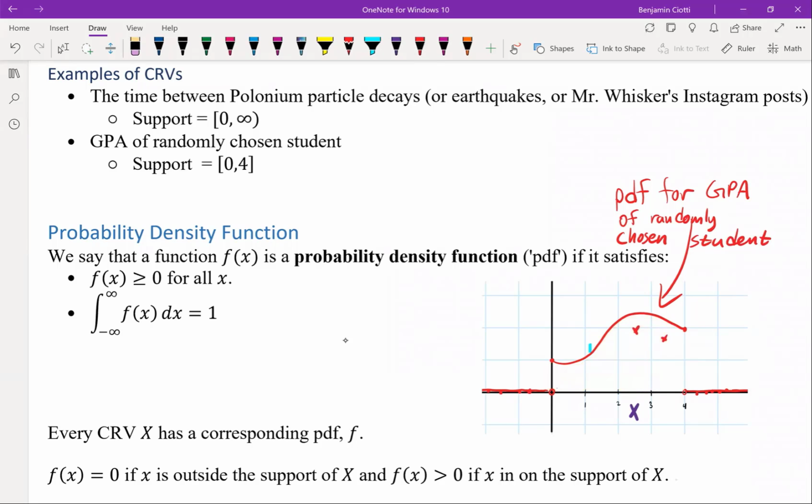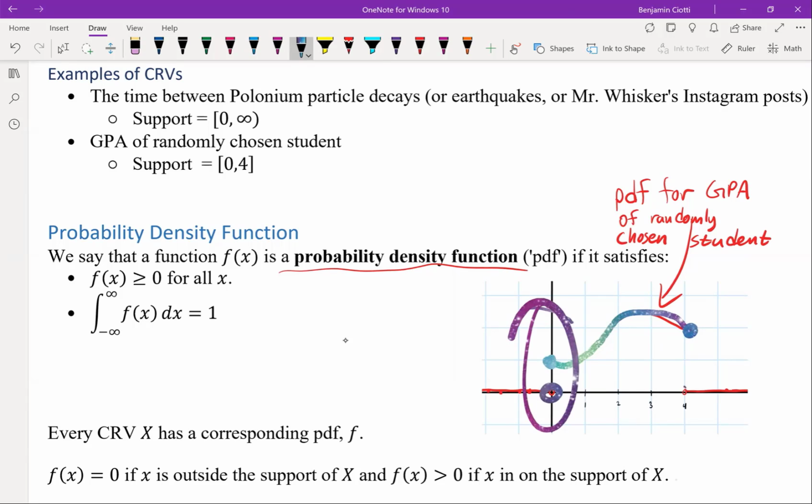Something else I can point out about this picture of a PDF right here is it doesn't have to be continuous. Like this curve is the PDF of a continuous random variable, but the curve itself is not continuous. It's got a discontinuity right there, 0.